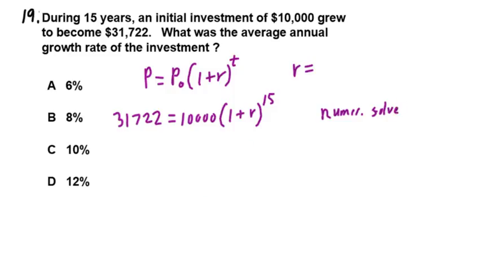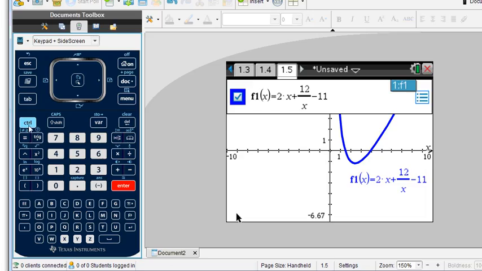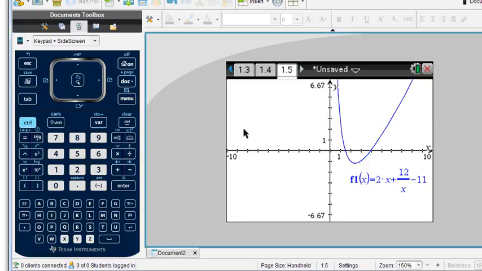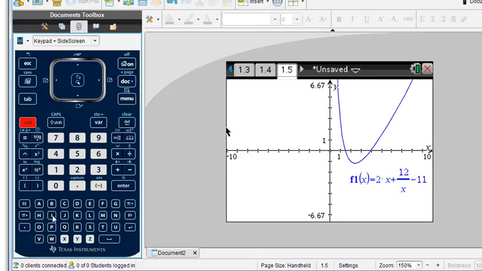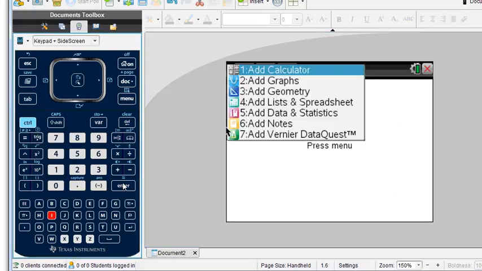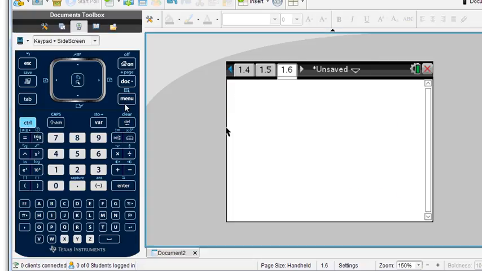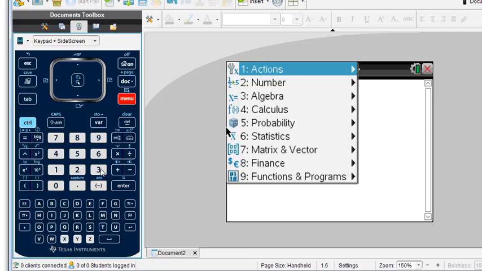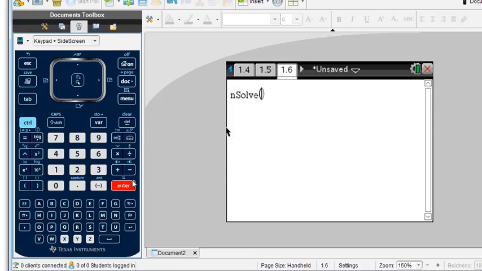Okay, to do this, go to our calculator. I'm going to put Control I, and get a calculator page, and we're going to go to numerical solve, menu, 3 algebra, numerical solve.